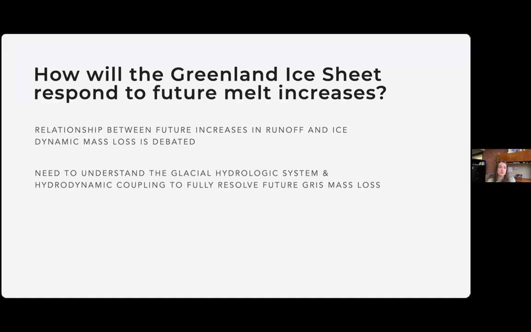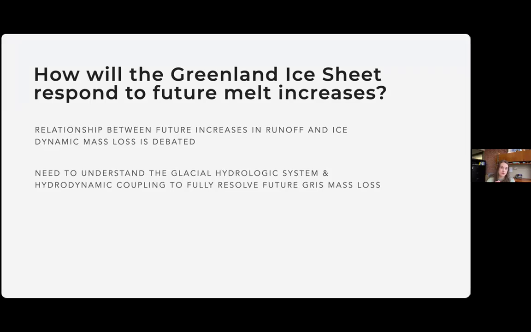Particularly, the relationship between our future increases in runoff and ice dynamic mass loss from the Greenland ice sheet is still debated. And we really just need to understand the glacial hydraulic system and hydrodynamic coupling in Greenland and in ice sheets in particular to resolve these future mass loss contributions. And to do this, I argue throughout my work that you really need observations.